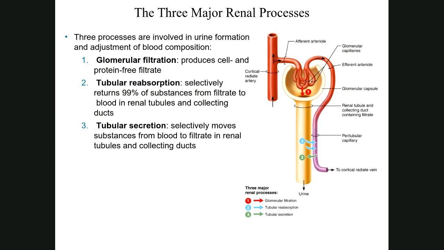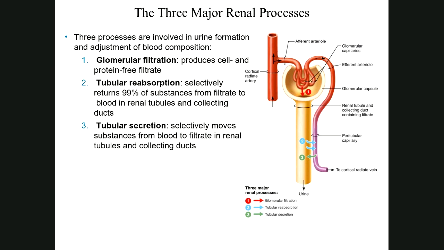Tubular reabsorption selectively returns 99% of the substances from the filtrate to the blood in renal tubules and collecting duct. And tubular secretion selectively moves substances from the blood to the filtrate in renal tubules and collecting duct. It's what we saw here in green, and the red is glomerular filtration that happens at the glomerulus, and the reabsorptions in blue.